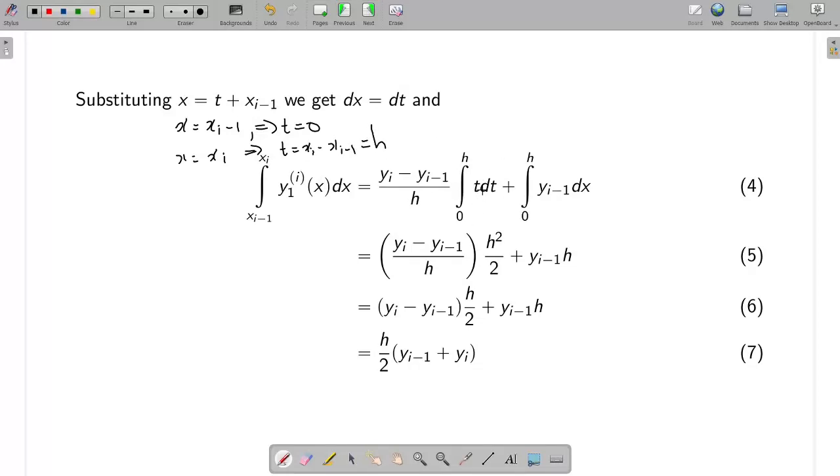So this is the integral from 0 to h of t dt, plus this.